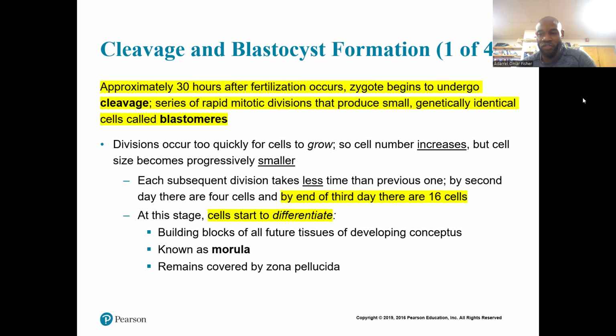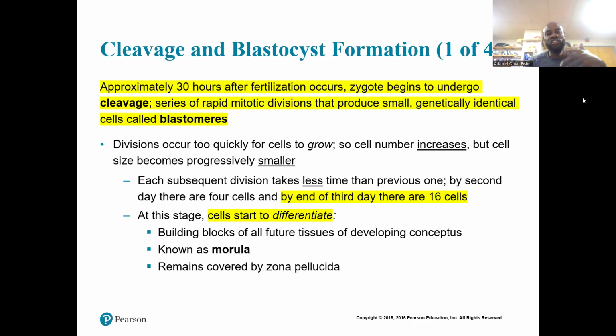Approximately 30 hours after fertilization occurs, the zygote begins to undergo cleavage. Now we have mitosis. Remember, mitosis is splitting of the cells with a full copy of DNA in each.